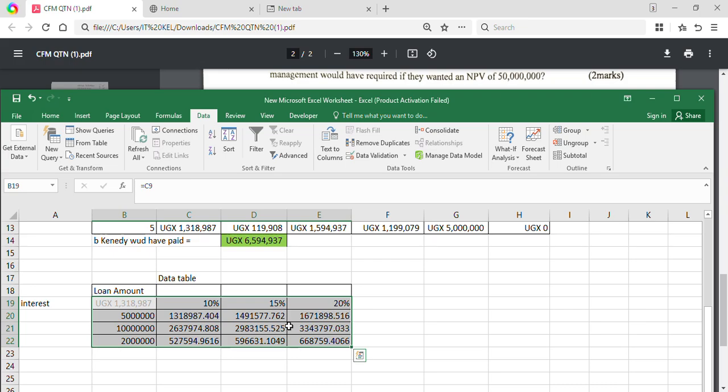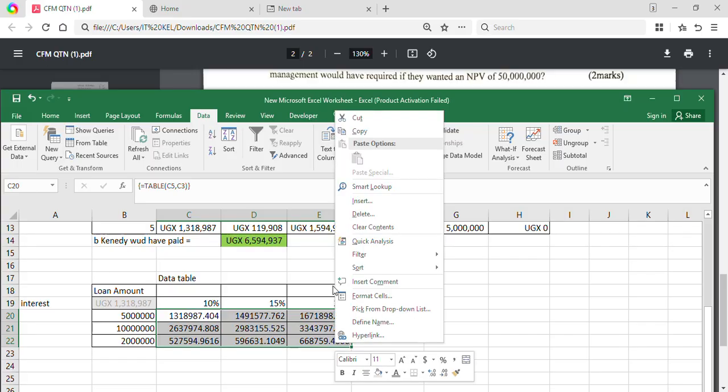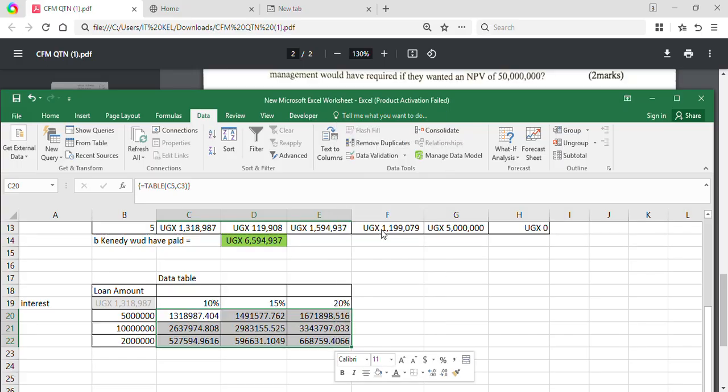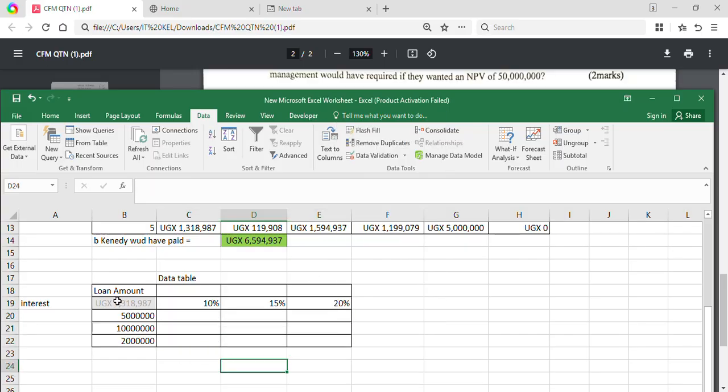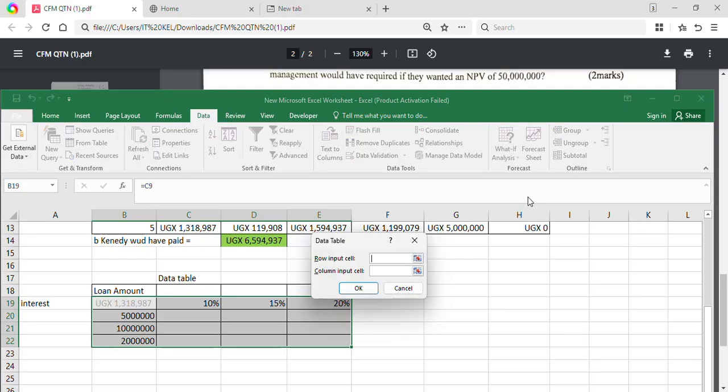Let me first clear content. Let me show you how we did this. The first thing you do, you select the column where we put our previous PMT and highlight all. After highlighting all, you go to data, press what if analysis. You go to data tables.